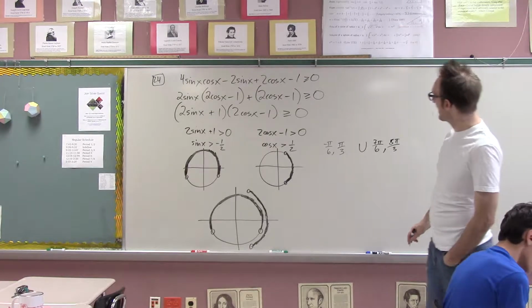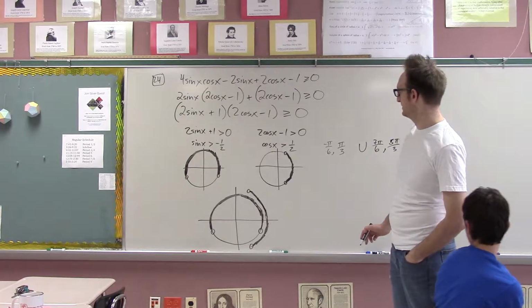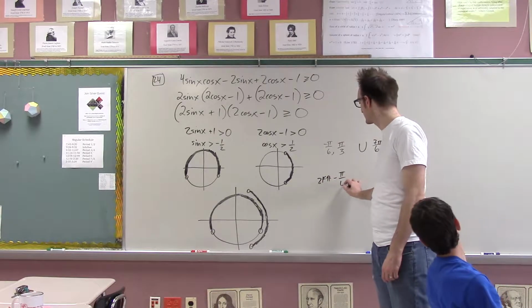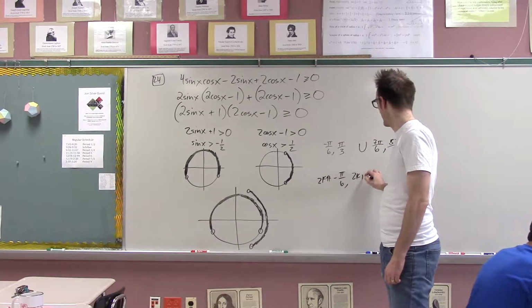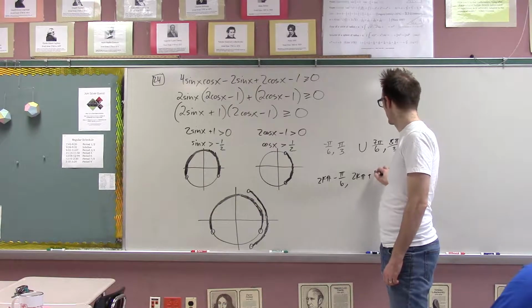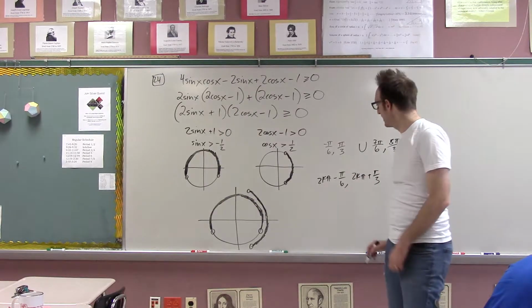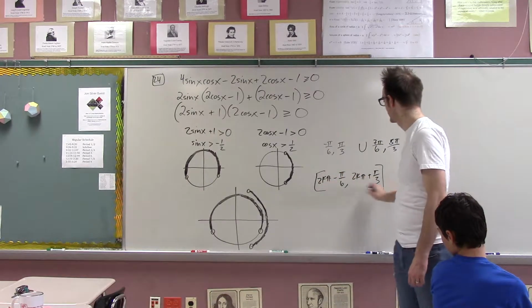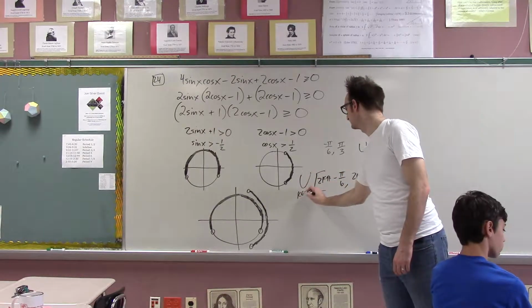Alright, so I think the actual final answer is something like 2k pi minus pi over 6 to 2k pi plus pi over 3. And then should be all closed brackets, right? Yeah. Watch out.